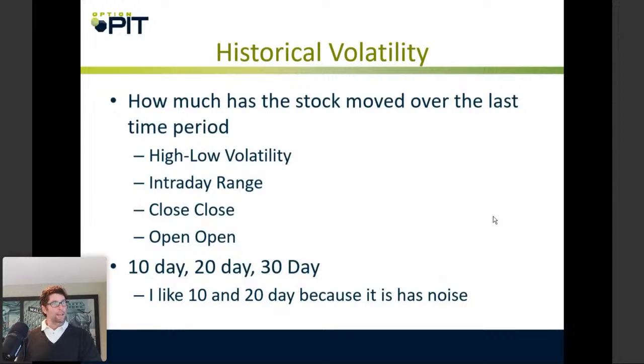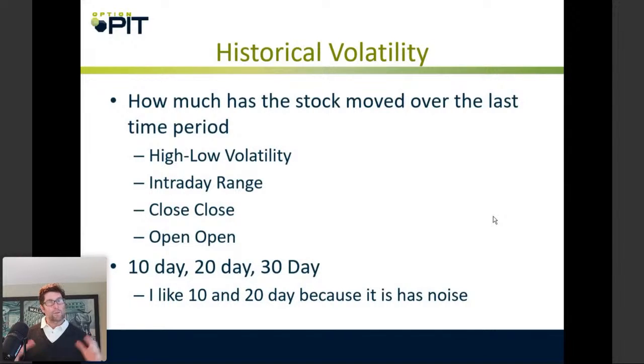That's giving you an idea of how much it's going to move to a pretty good degree. You just use the calculation we showed on the earlier page. I got a 20% volatility average for 10 days, so it gives me a range of what I think the stock is going to do. Maybe buying those crazy calls isn't the best idea because it's so far outside of the range that it could move.